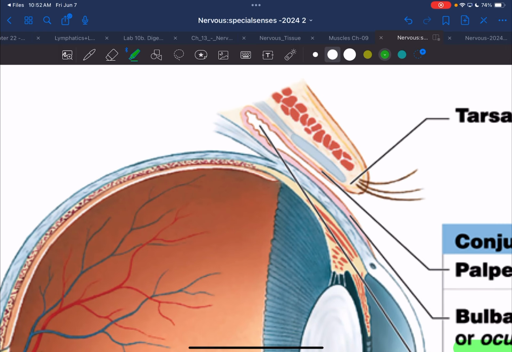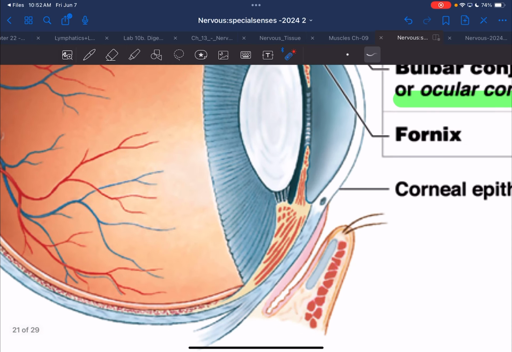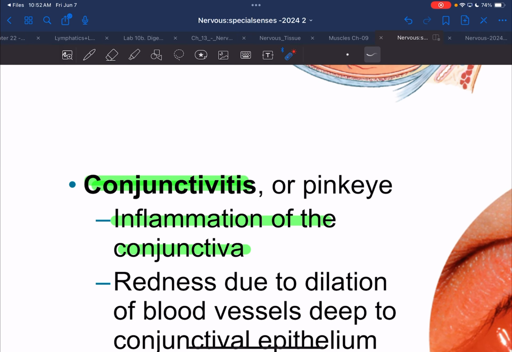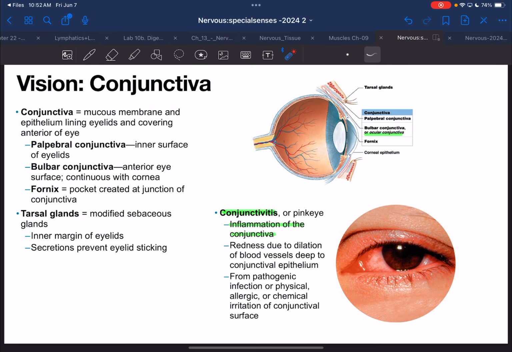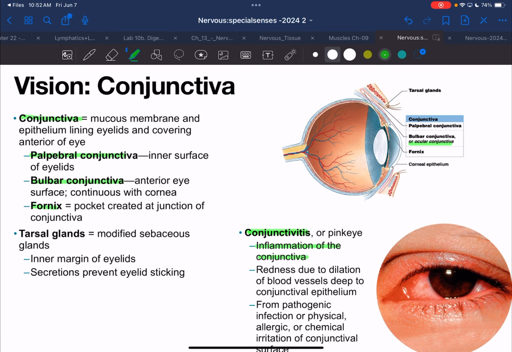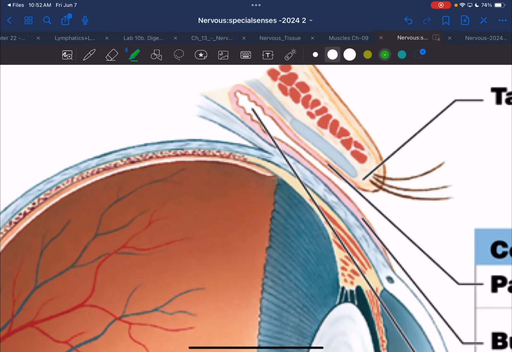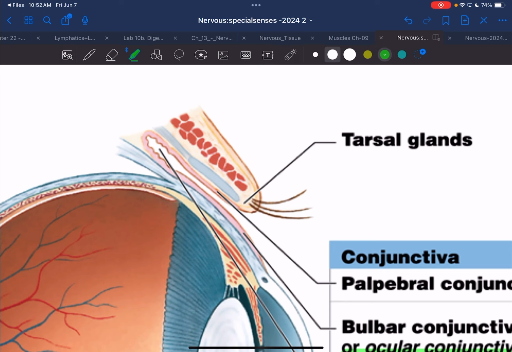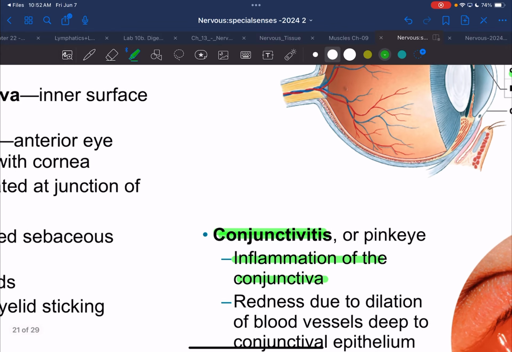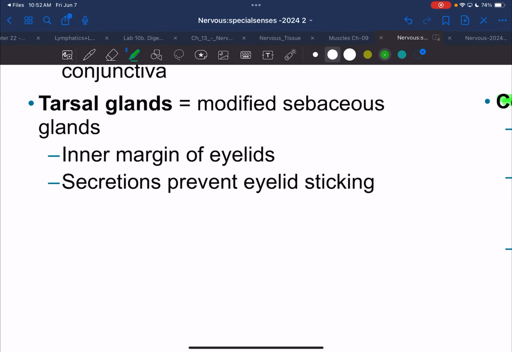And when you have an infection in this area, or the bottom lid, the bottom conjunctiva, this inferior one, again we call it conjunctivitis. Now, just make sure you know what each one is. And then we have a little gland here called the tarsal gland, and it keeps it lubricated, keeps it moist, prevents the eyelids from sticking.